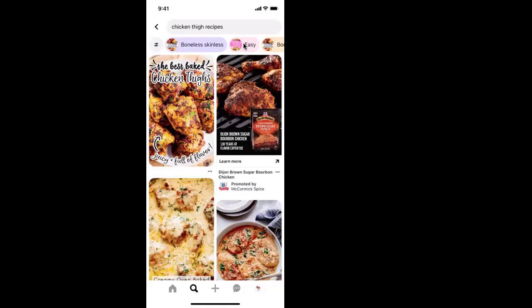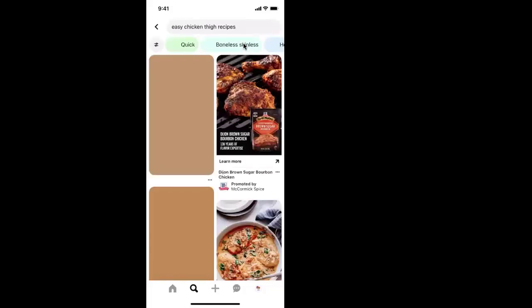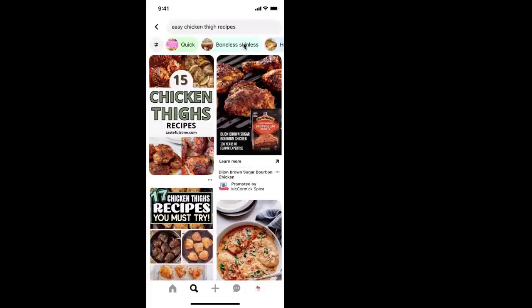Okay, so I'm going to click on easy. Now I'm seeing a little bit more of what I'm looking for, right? I'm not seeing that exact keyword.